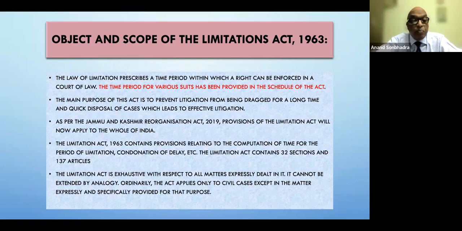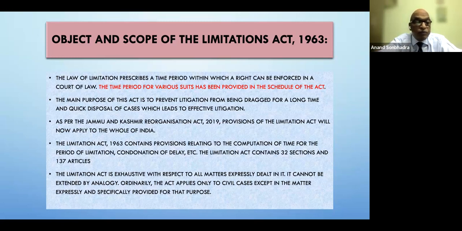Now, one very important thing which has been brought out by honorable courts in their different judicial pronouncements also. The fact is that the Limitation Act is exhaustive with respect to all matters expressly dealt with in it. And the key point, it cannot be extended by analogy.